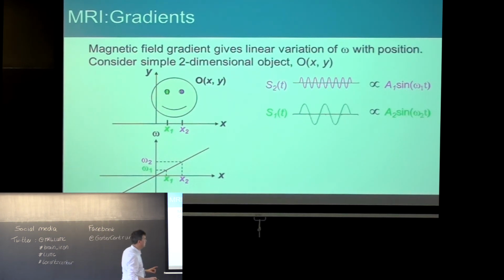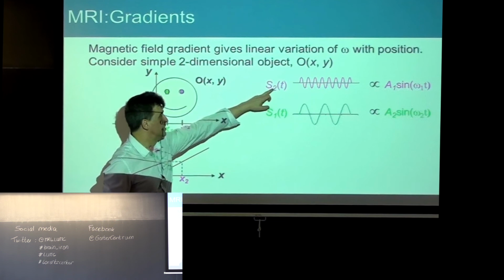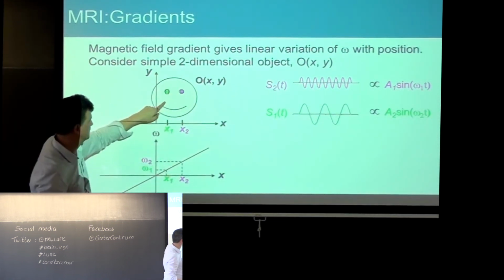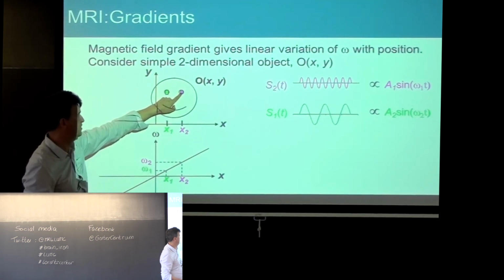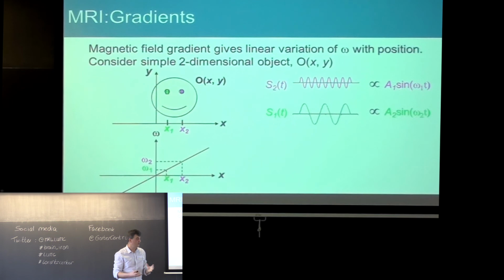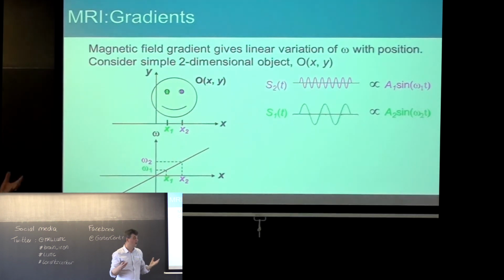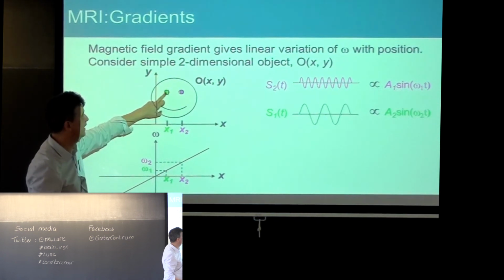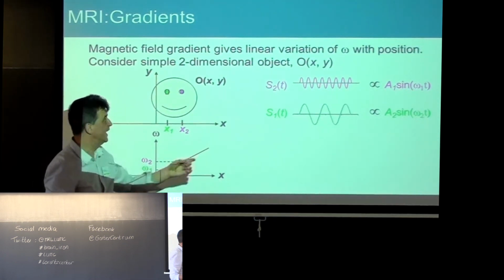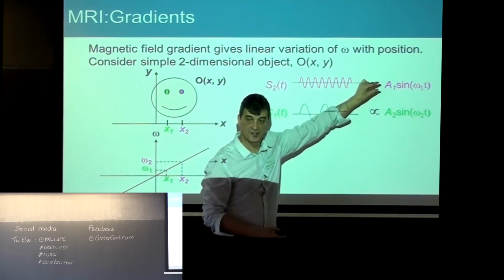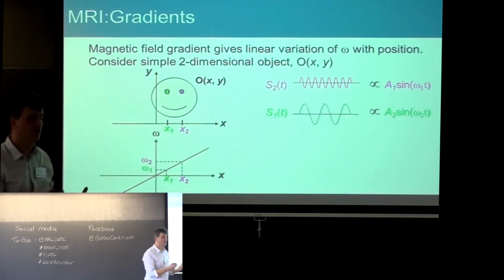The way I've set this up, the two signals have different frequencies, but they also have different amplitudes, because this box is smaller than that box, and so there's less nuclear magnetization, fewer hydrogen nuclei, fewer water molecules inside here compared with here, and therefore the signal we get from here is smaller. So the signal amplitude tells us how much stuff there is in the location.